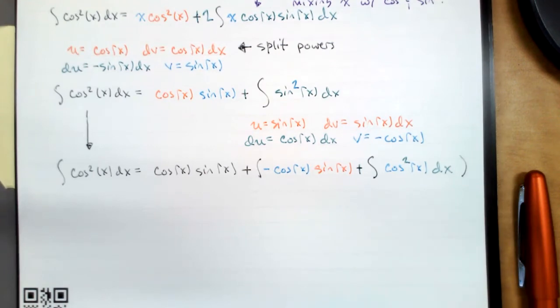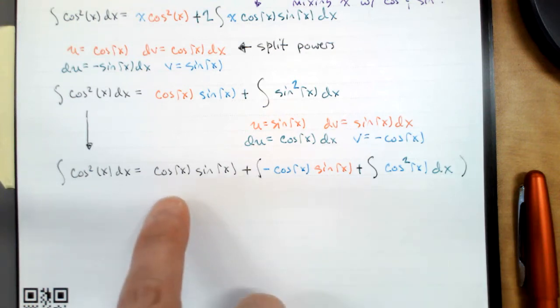Mashed together into the parts formula. And now we can see that this has not gotten us anywhere at all. It makes sense because we were in the same situation. We did the same thing. We should expect the same result. Now we can try this again, but this is a case of the original integral showing up in our secondary.